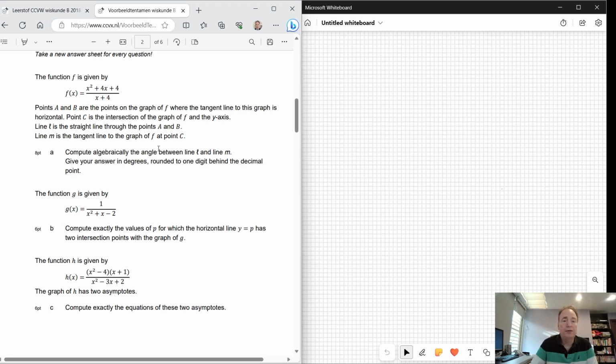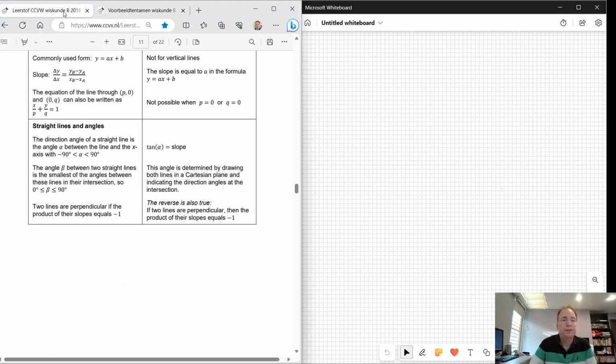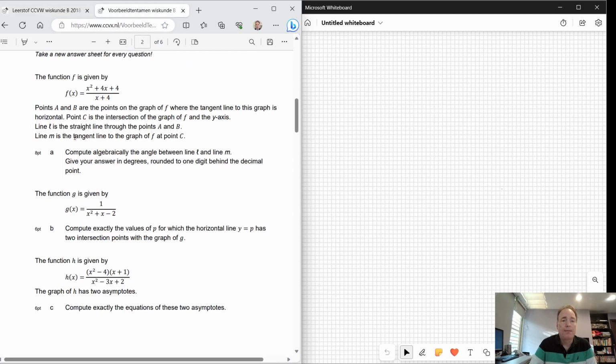Okay, so we have two lines L and M, and we need to know the angle between them. For this, we can use what's in the syllabus under straight lines and angles, and find the two direction angles of the lines.